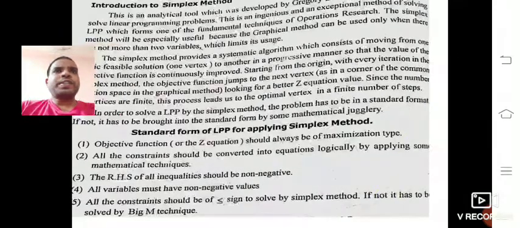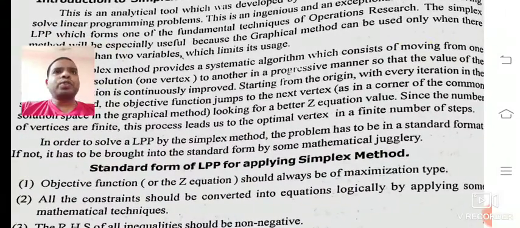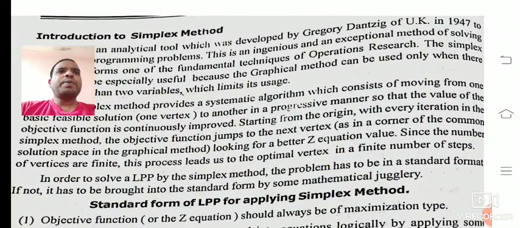The simplex method is an analytical tool which was developed by George Dantzig in 1947. It provides a systematic algorithm which consists of moving from one basic feasible solution to another basic feasible solution in a progressive manner, so that the value of the objective function is continuously improved.